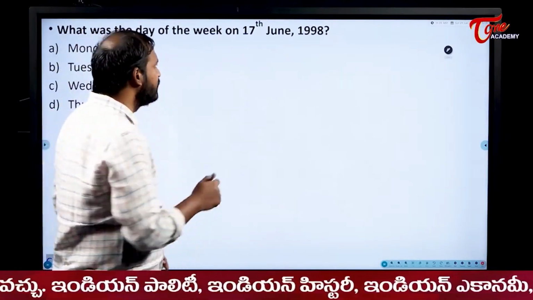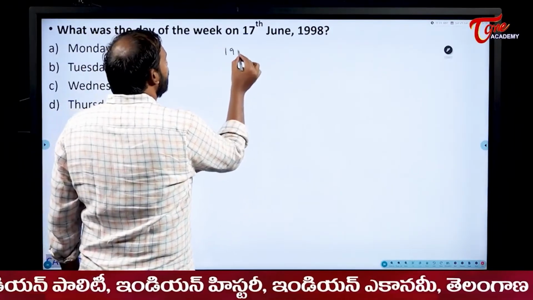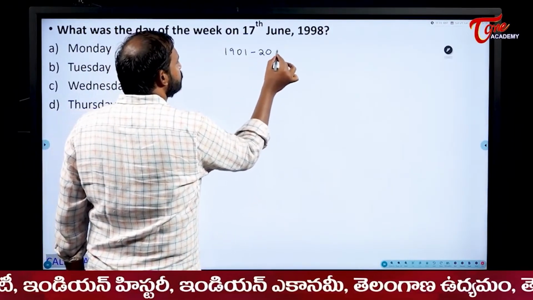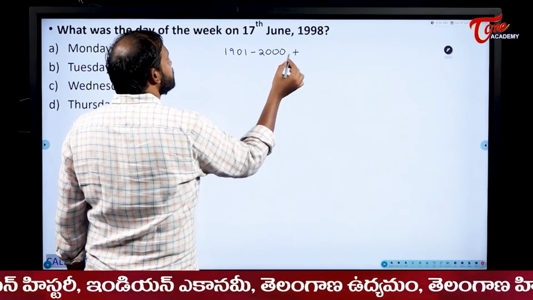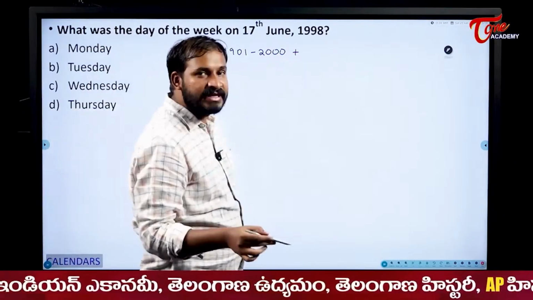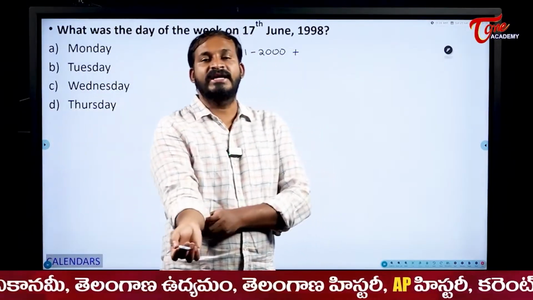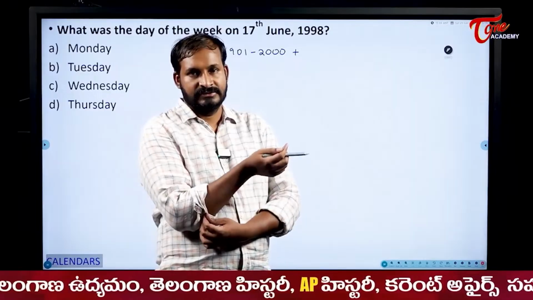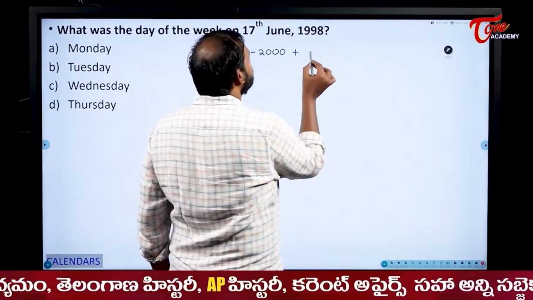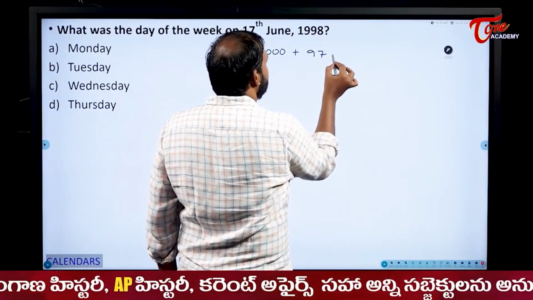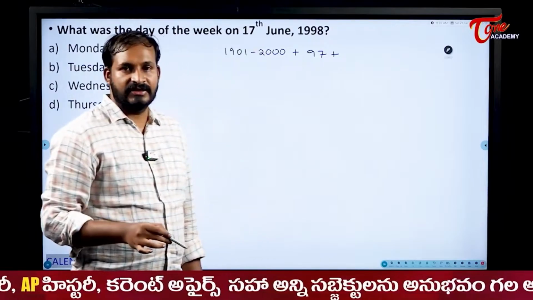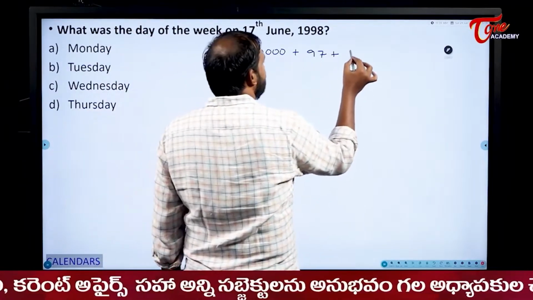17th June 1998. It belongs to which century? 1901 to 2000. Plus, in the same century, how many years are completely finished? We are finding a date in the year 98, so 97 years are completely finished and 17th of June.